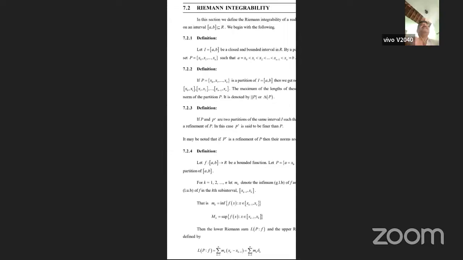Please, students, listen carefully. This concept is very useful in further sessions. At the undergraduate level we have to discuss the Riemann integral concept and the Riemann-Stieltjes integral, because there were some mistakes.